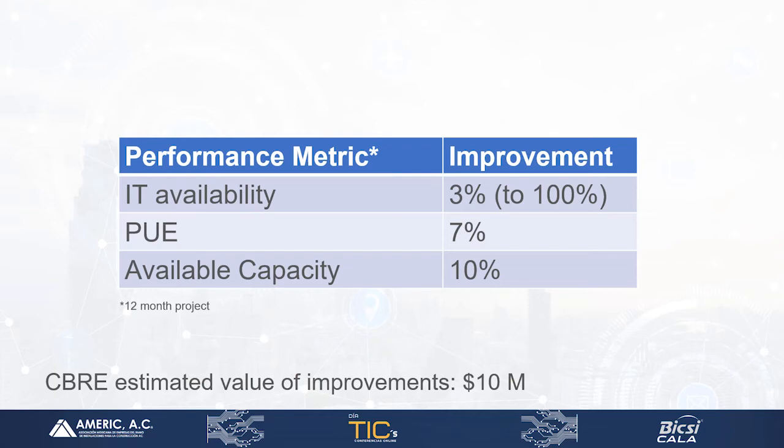They did an in-depth calculation on the value of this exercise, and CBRE estimated a return on the use of Digital Twin of $10 million, mainly due to the increase in the amount of capacity that the data center could hold.